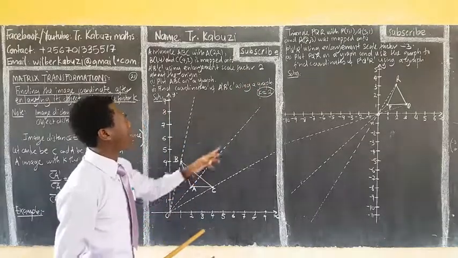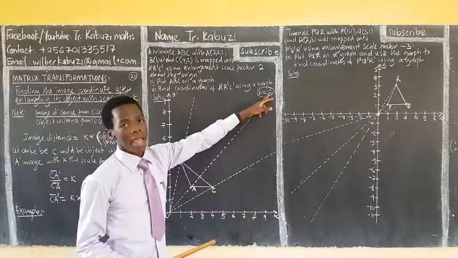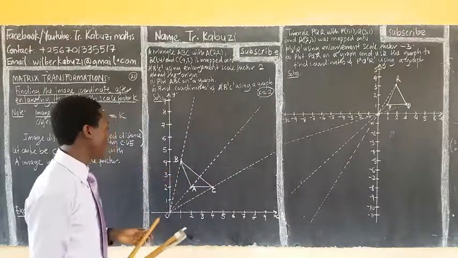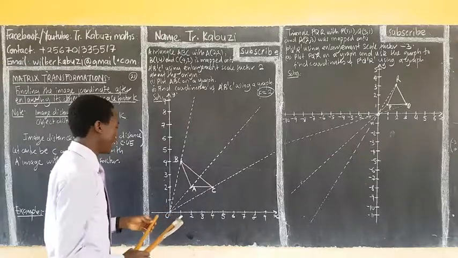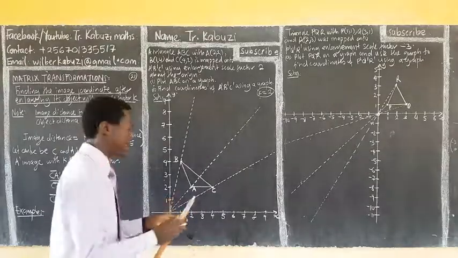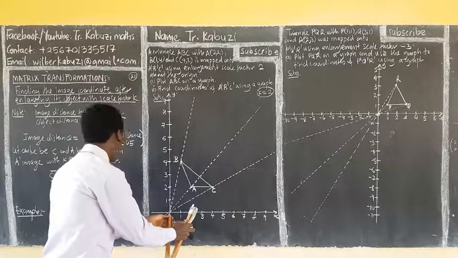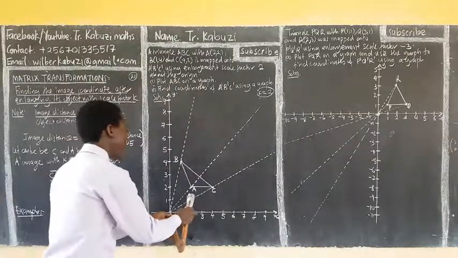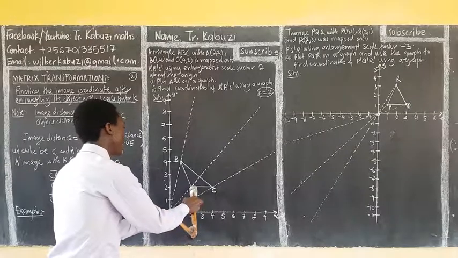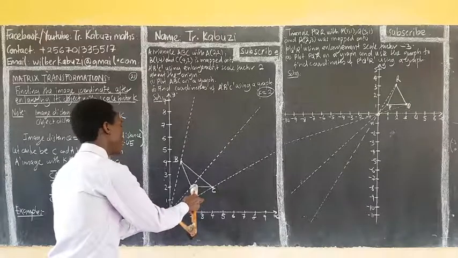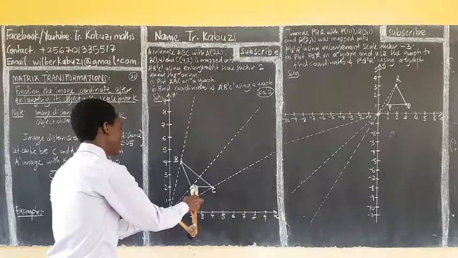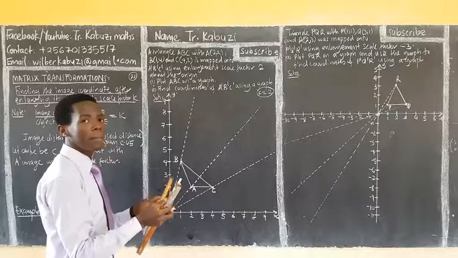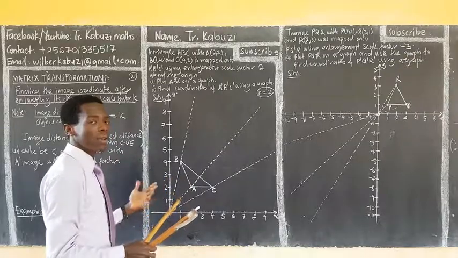Now, to get the image distance, I multiply the object distance by 2, meaning I first get the object distance. Start with A, you get your compass. You put it at the center of enlargement and measure the object distance up to A. Now this distance is going to be twice for the image.